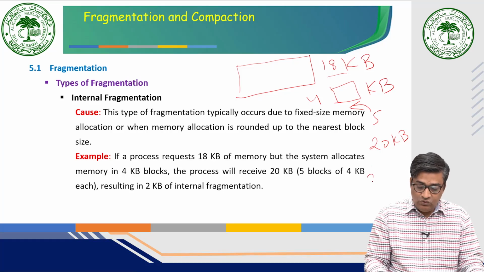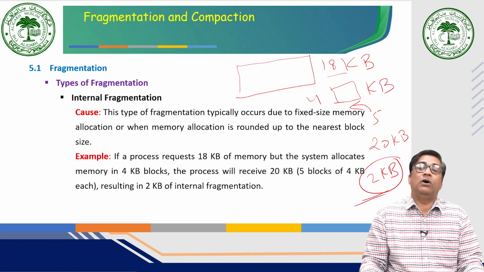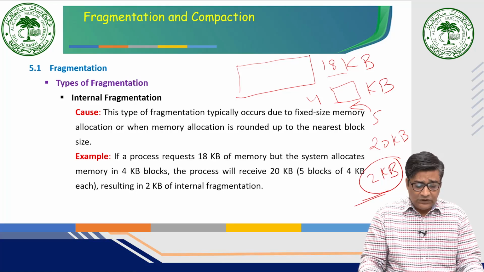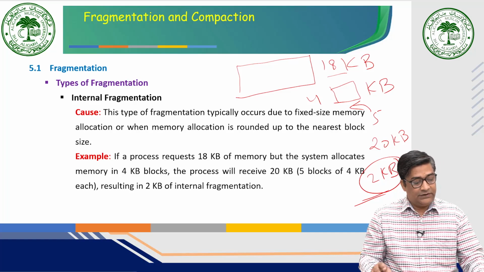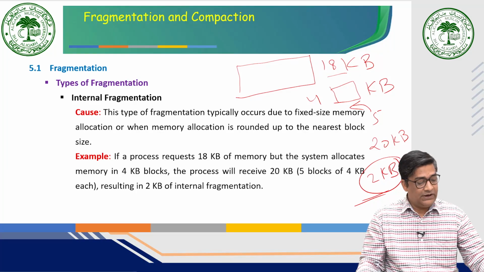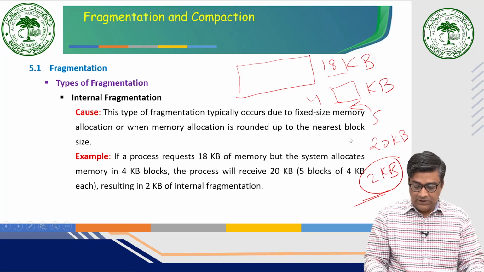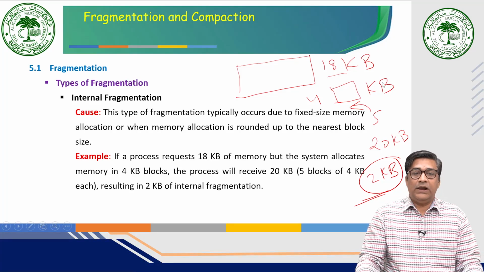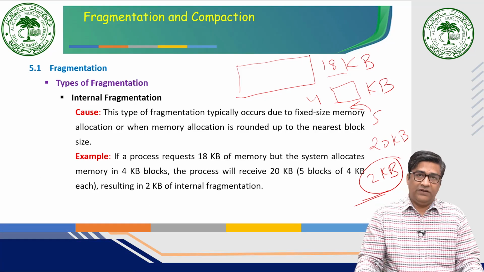So the remaining 2 KB of internal memory is reserved but of no use. This is an example that indicates how internal fragmentation may happen when a process is requesting some memory from the operating system.